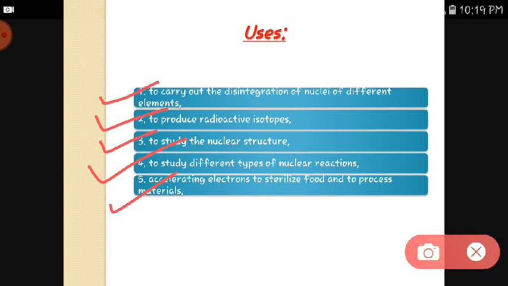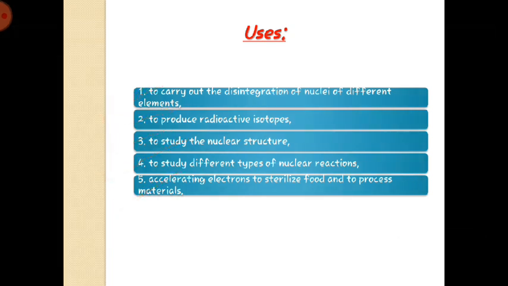Okay, so these are the uses. Now this question is asked in board examination for 4 marks. Now if they ask only for explain Van de Graaff generator, so you can write all these things, that means principle, construction, working.